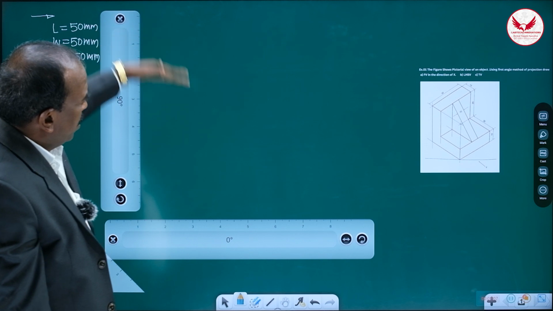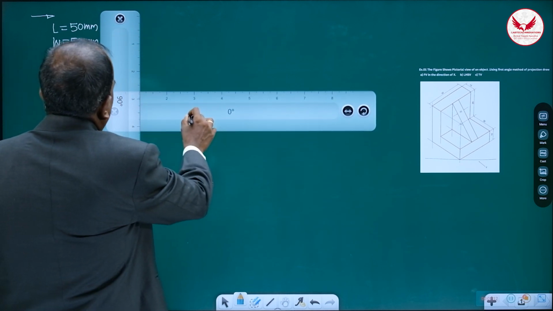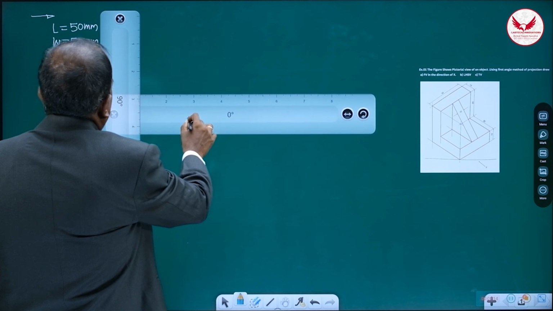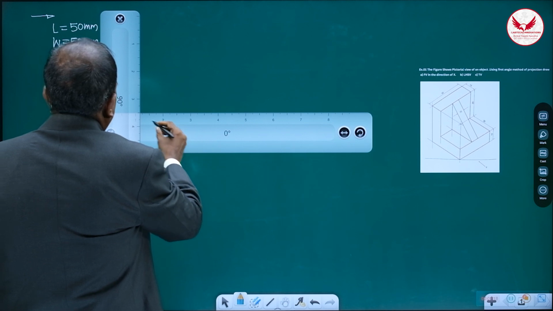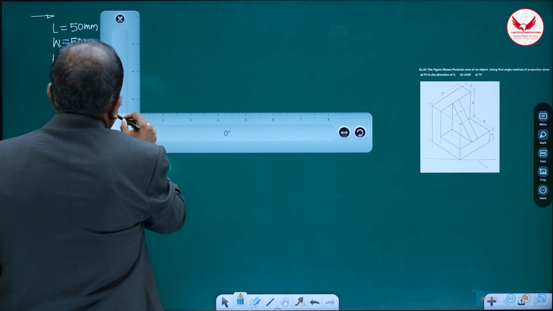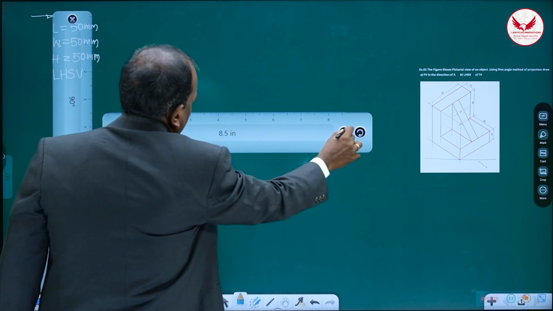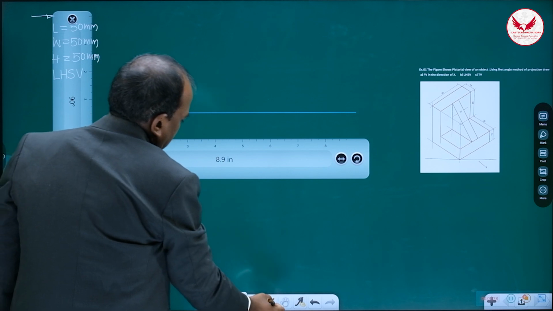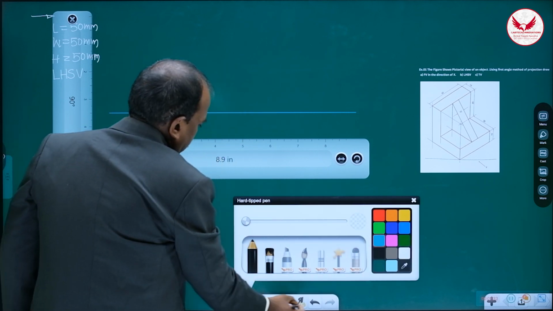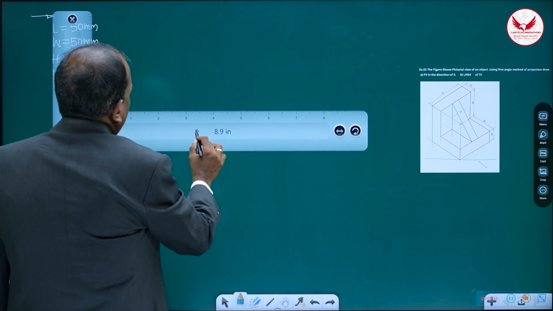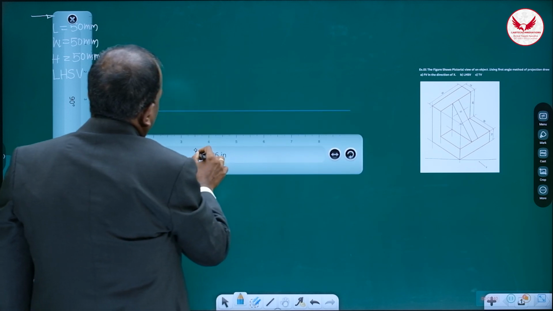This means we have to leave more than 50 mm from the top side. Whatever this gap is, 100% it is more than 50. From the top side, leaving 50 mm, draw this horizontal line.